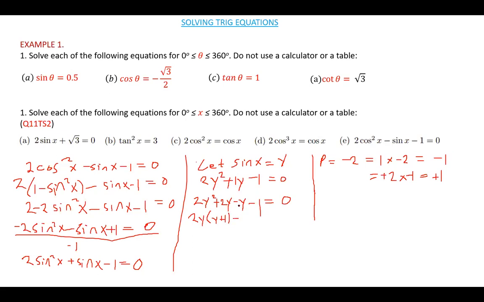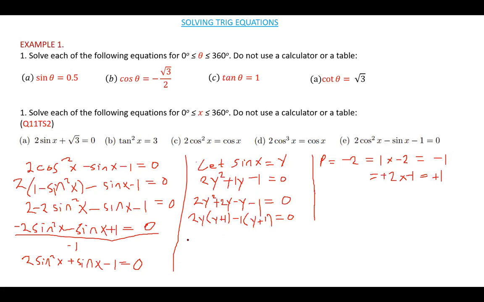Then this side, -1 is common. So if you factorize it, you're going to have y plus 1 in brackets. When you're solving a quadratic equation and you find that what is in the brackets here is different, just know that you've made a mistake somewhere. Every time this is supposed to be the same.